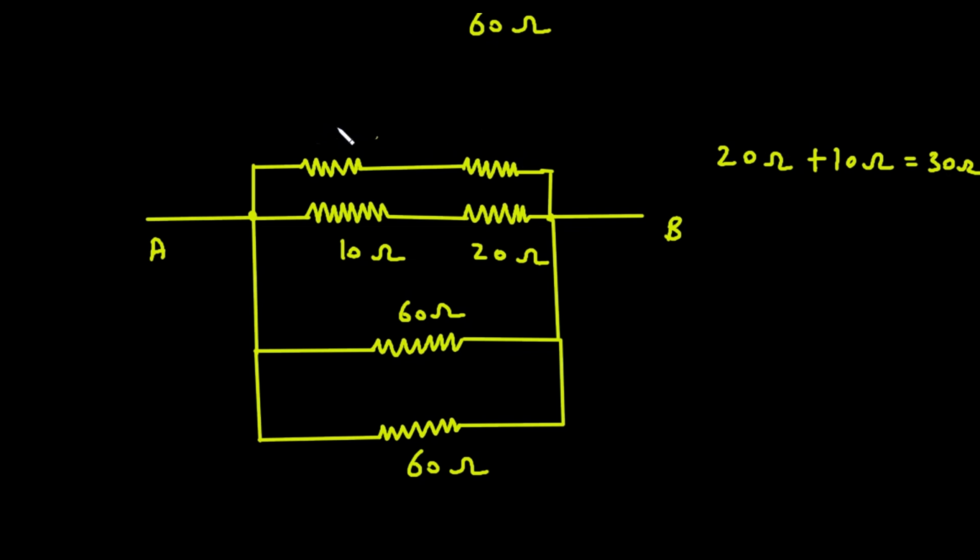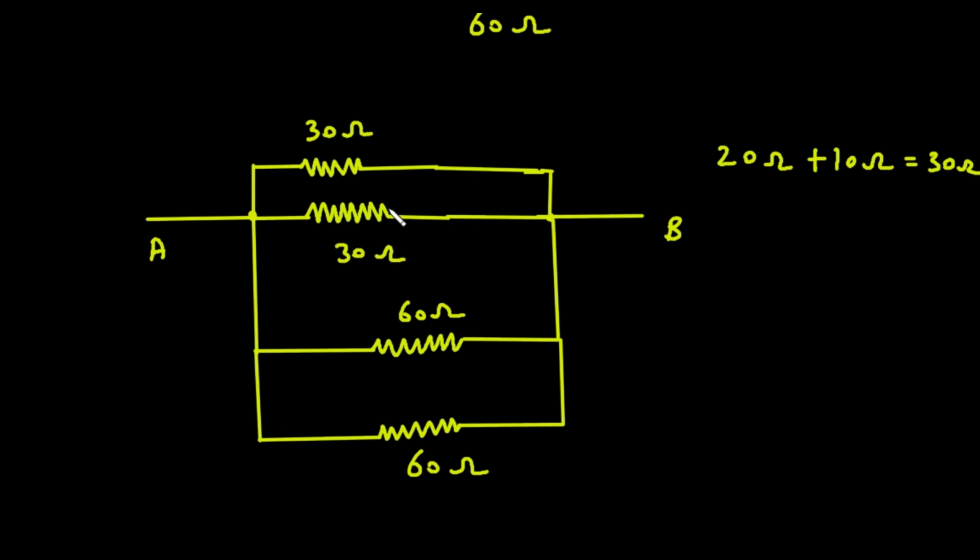So let's replace this 20 ohm and 10 ohm by a single resistance of 30 ohm. Now next again this 10 ohm and 20 ohm are connected in series, so it will be simply again 30 ohm.